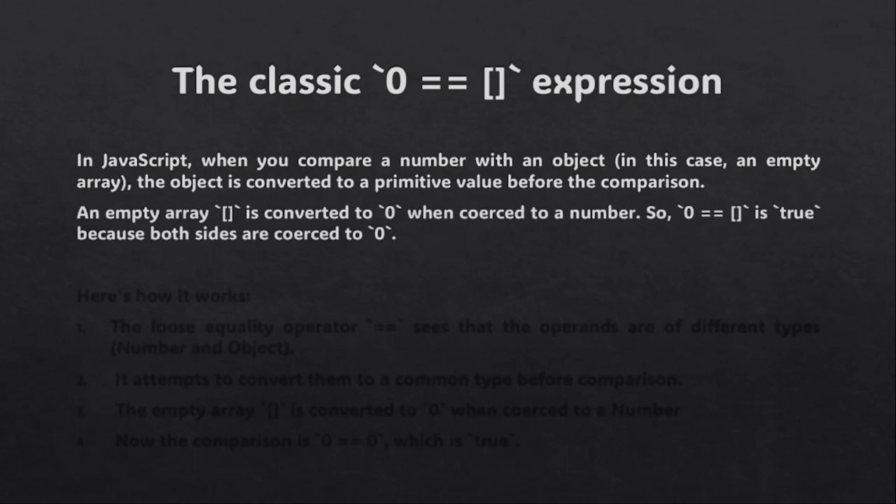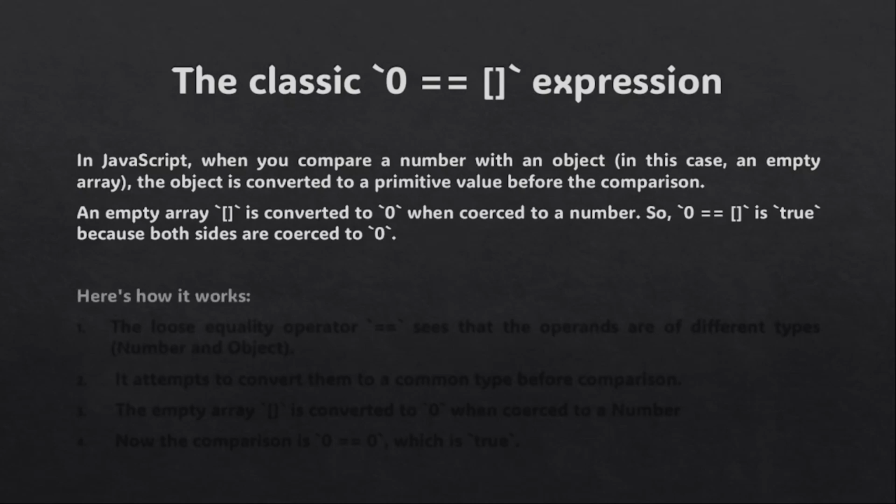So this empty array would be coerced to 0, and then that 0 would be compared to the initial number 0, and it would result in true because both sides are coerced to 0.